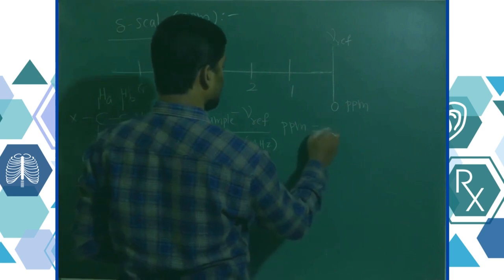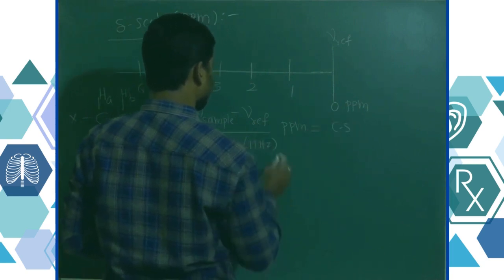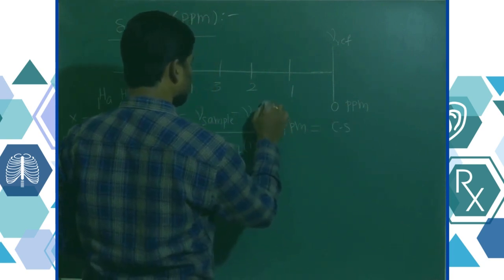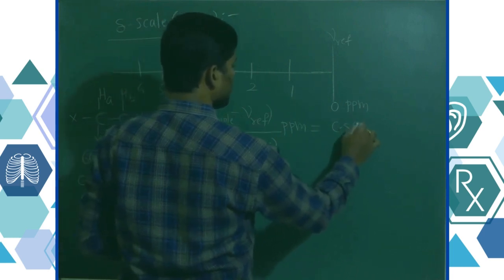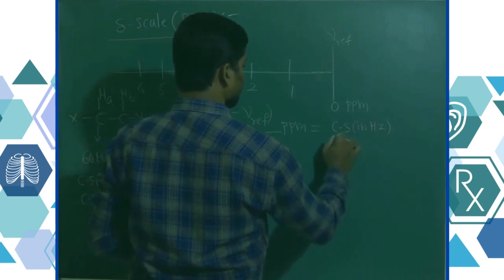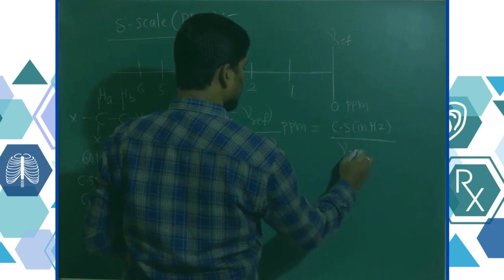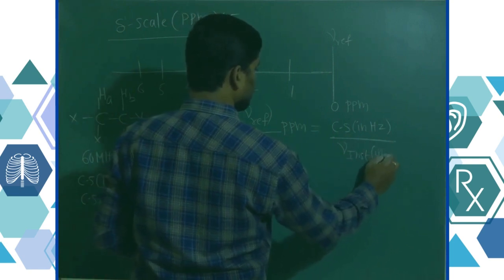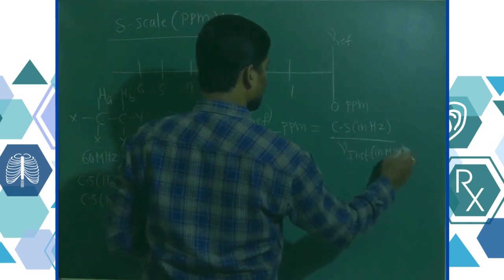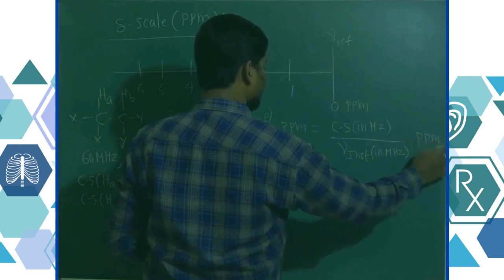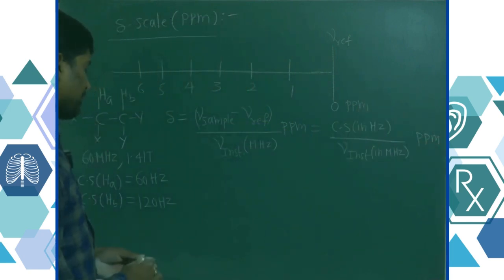New sample minus new reference is nothing but the chemical shift. So chemical shift in hertz by instrument frequency in megahertz; then we will get it in the ppm scale.